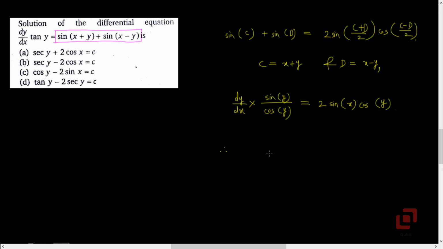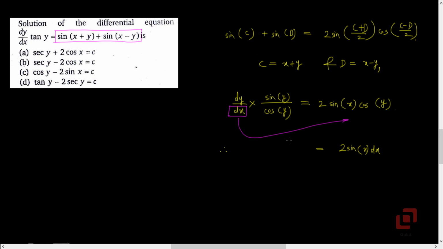Now observe that it is possible to send the differential dx to the right hand side of the differential equation, and everything else which contains y can be brought to the left hand side. So let us do that. RHS will be 2 sin x dx.